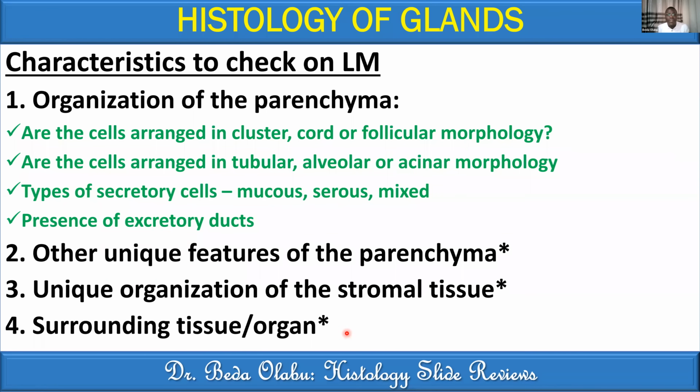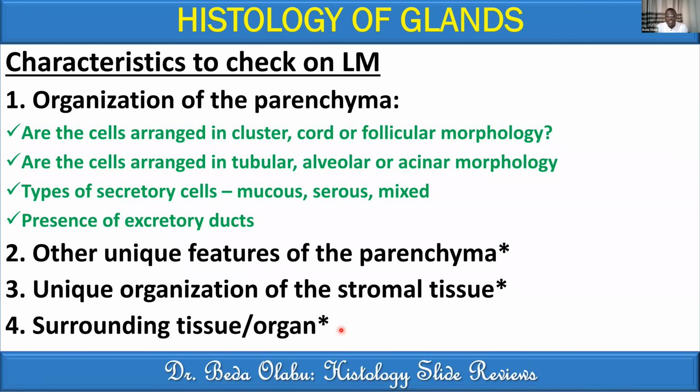And lastly, you may also want to check anything else that is surrounding that particular slide that you've been given. For example, if the gland you're given is the gland of the breast, it's not an endocrine gland, but I'm using it. The breast is a skin appendage, which means that you'll be able to see skin adjacent to that particular gland. And so that will help you identify it.